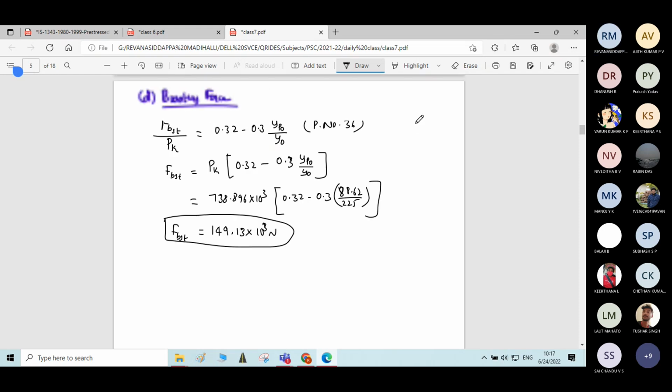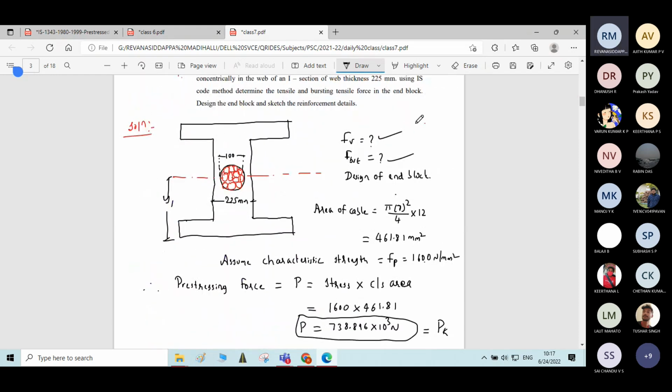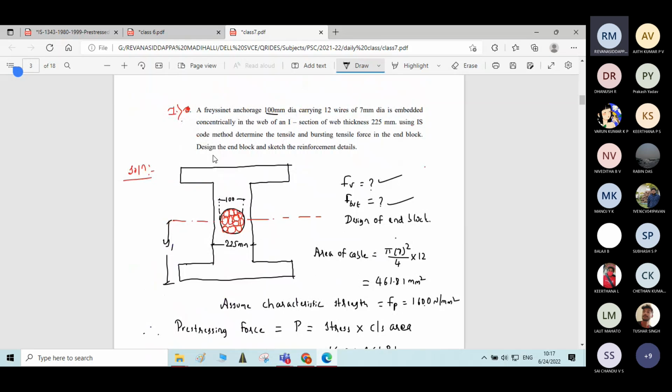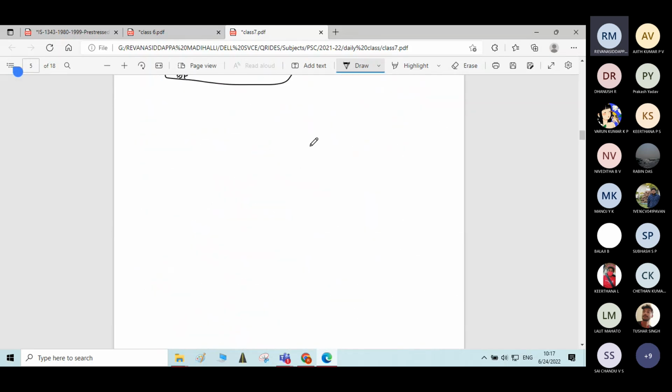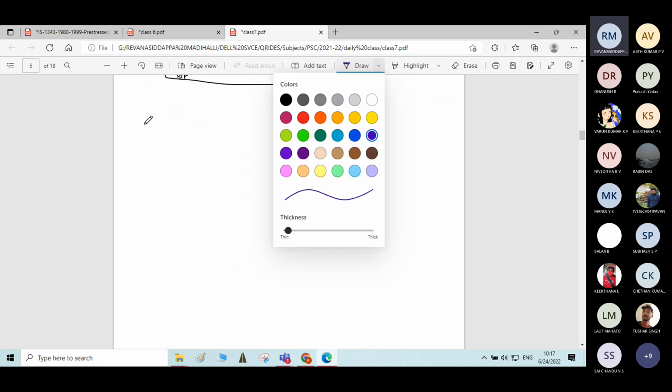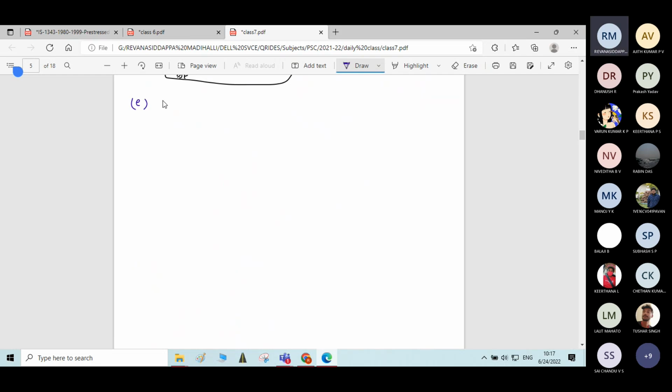In the question it is also asked to design the end block. We'll design the end block now. Write the headline as step E, design of end block.